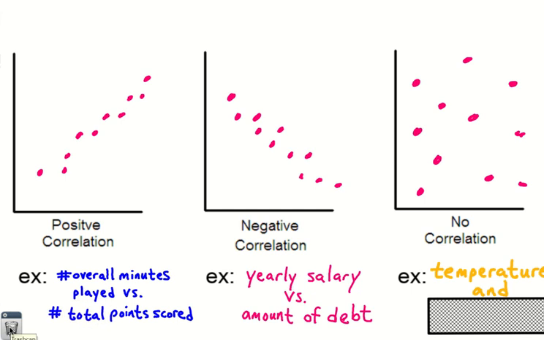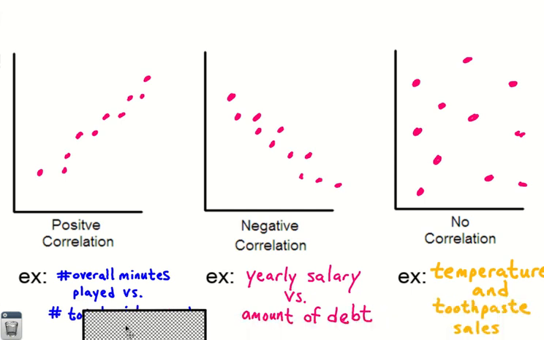And so, temperature and toothpaste sales. I don't think those would have any correlation with each other. I don't think the hotter it is outside, the more toothpaste sales are going to be, or whatever the case might be.